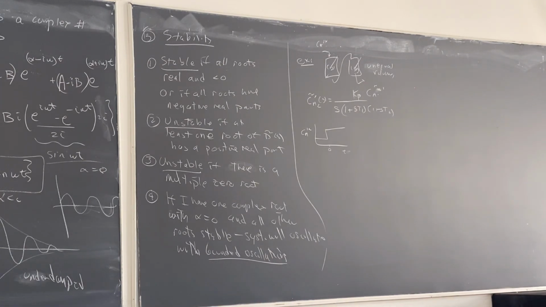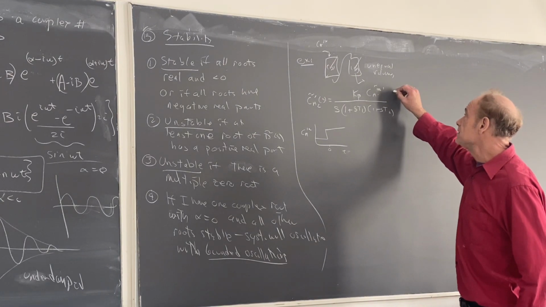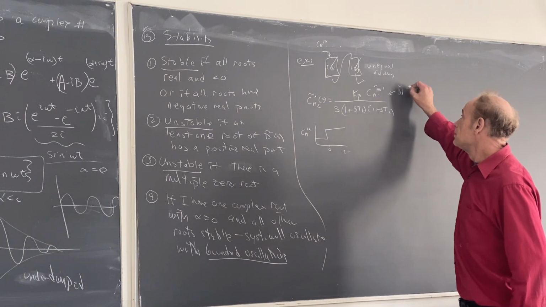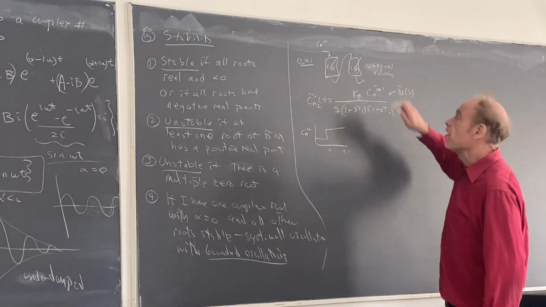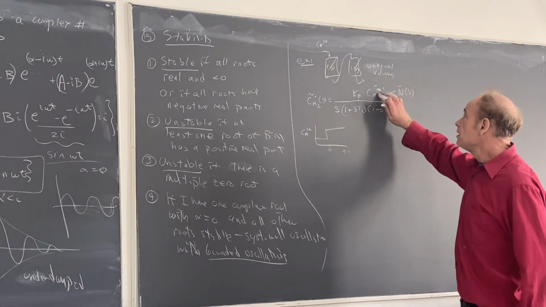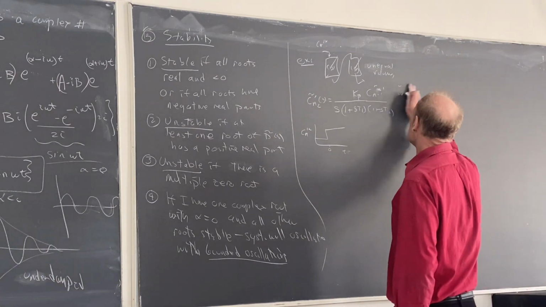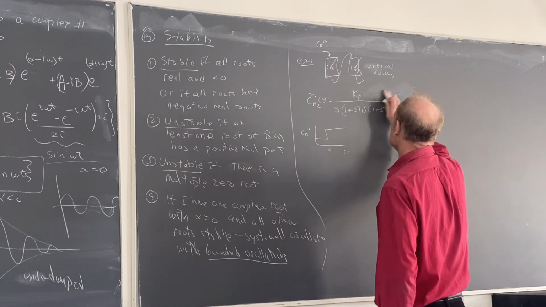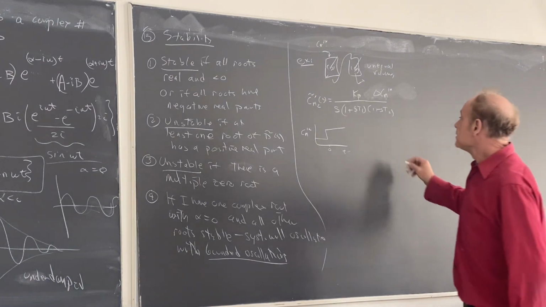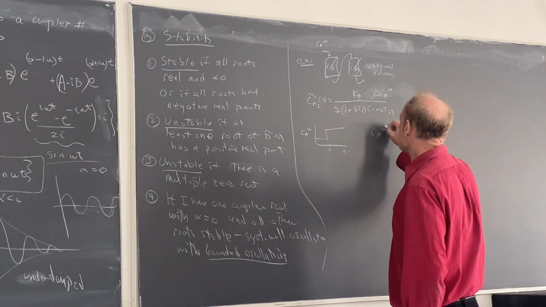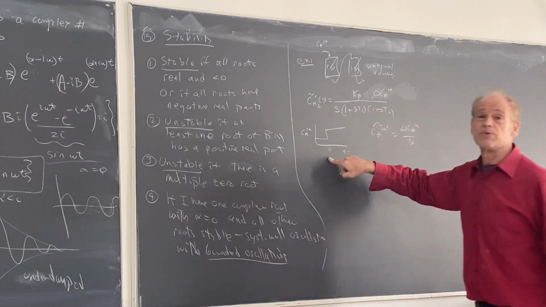Okay, so let's notice the denominator is already factored. So this is a numerator. Now I need CA in prime tilde, which could be a function of s. Well, actually, let's be careful. This is delta CA in. Why is that? Because CA in prime tilde was delta CA in divided by s because this was a step change.